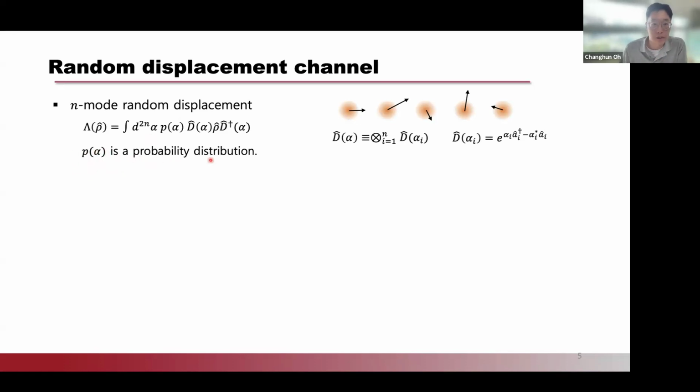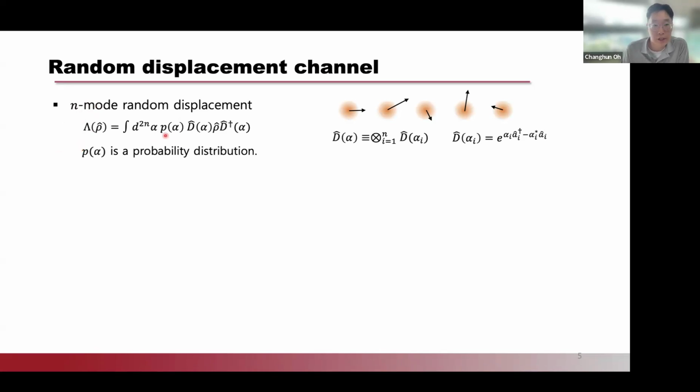Alpha follows this probability distribution, and following it, we displace the input state by alpha. Here the displacement operator is nothing but a tensor product of single-mode displacement operators across n modes. I'd like to emphasize that this n is the system size in this work, as we are going to observe exponential separation as we increase the number of modes. So that's going to be the size of the system.